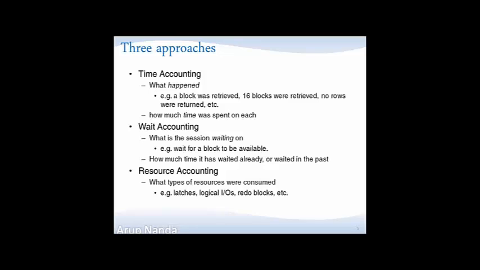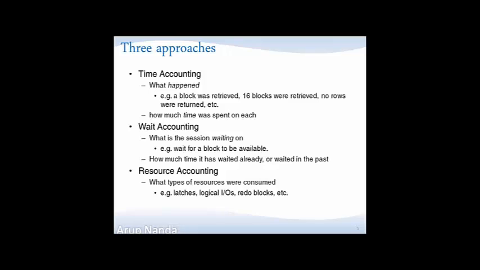The next one is called wait accounting. We'll actually cover that a little bit later. Right now, it goes with the principle of what the Oracle session is waiting on right now. For example, it's waiting for a block to be available, how much time it has already waited, or how much time it waited in the past. Right now it's not waiting.